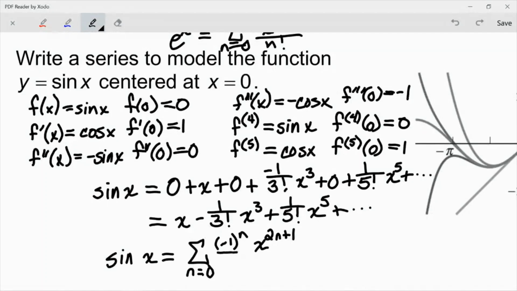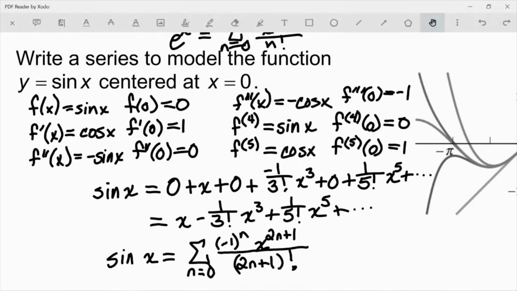And then I'm going to divide by the same pattern. The nice thing is once I figure out the pattern for the exponents, I know the pattern for the factorials will be the same because those always match up. So this will be 2n plus 1 factorial. And now what I have is an infinite series that represents the sine function.